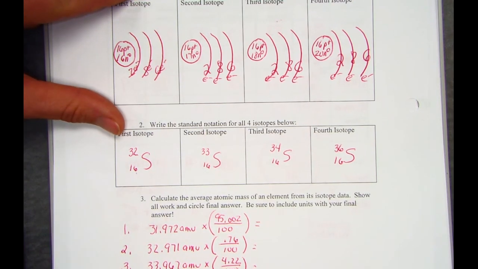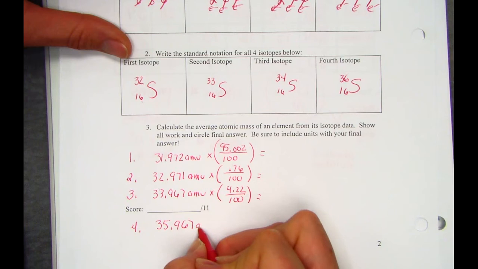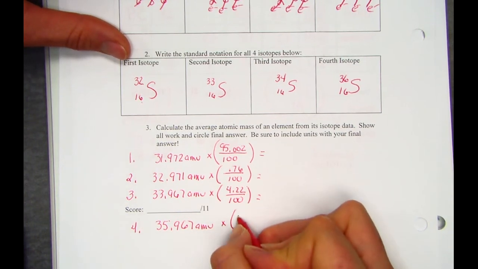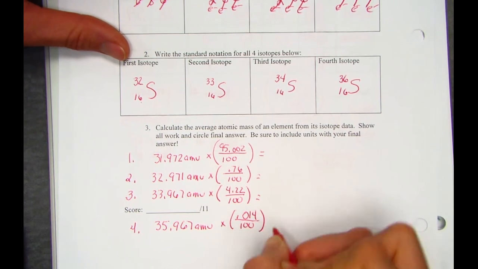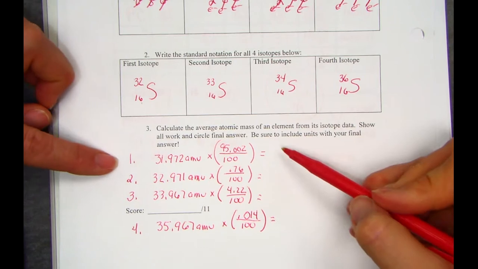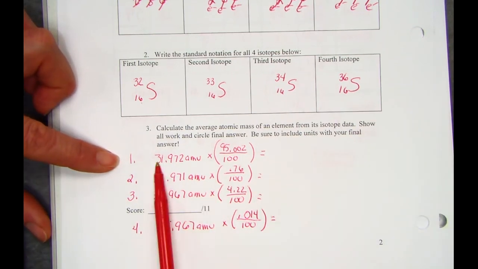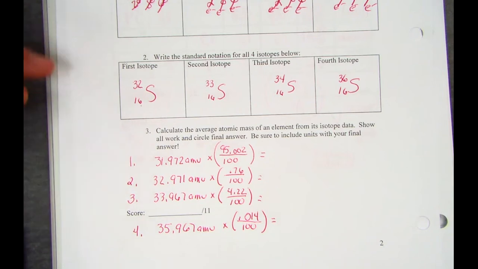And the fourth isotope, 35.967 AMUs times its relative abundance of 0.014 over 100. Averaging the 4 isotopes together is taking each weight and multiplying by its relative abundance and then adding those together.